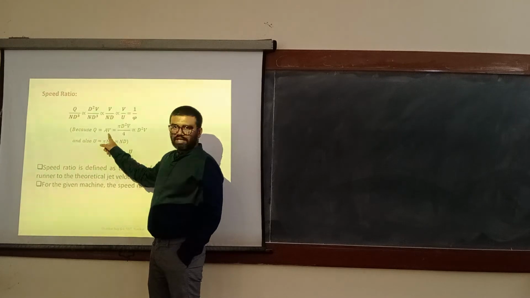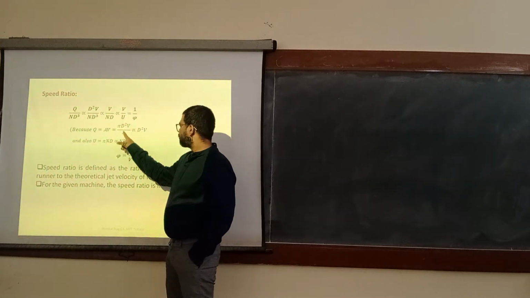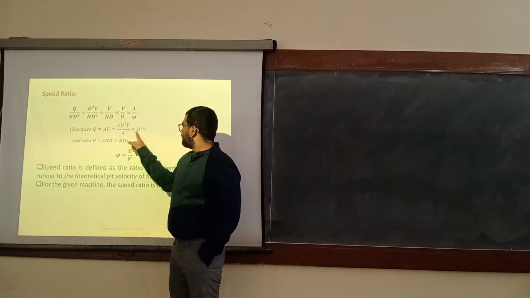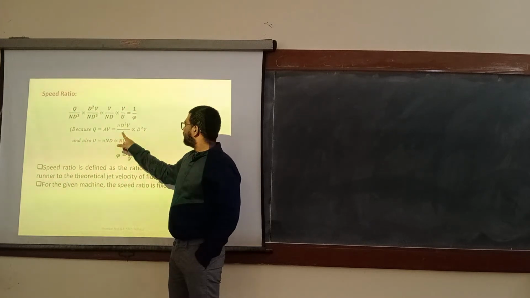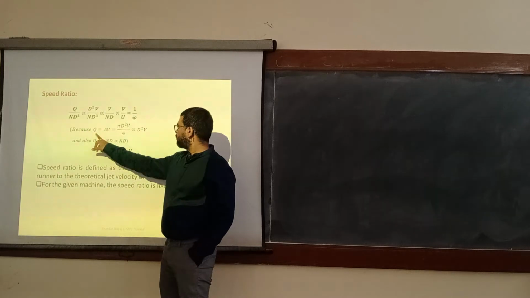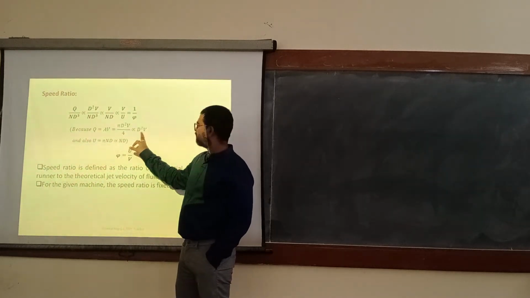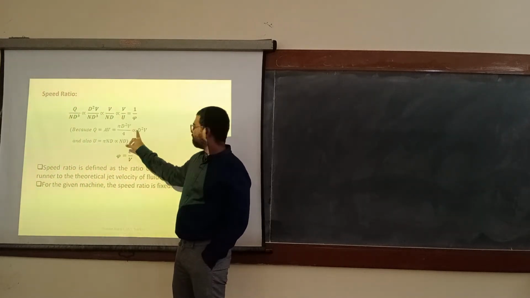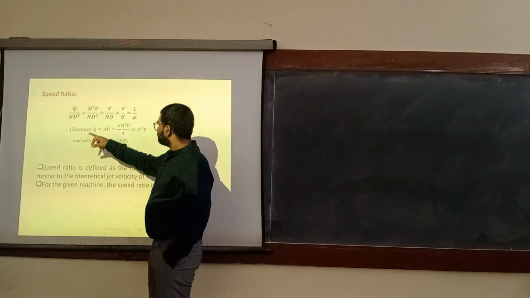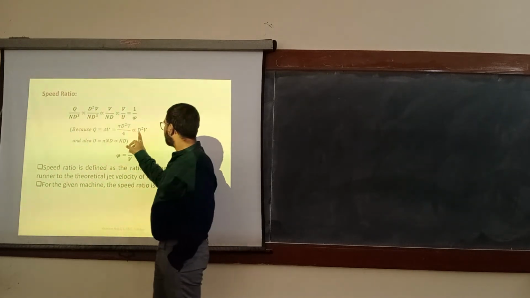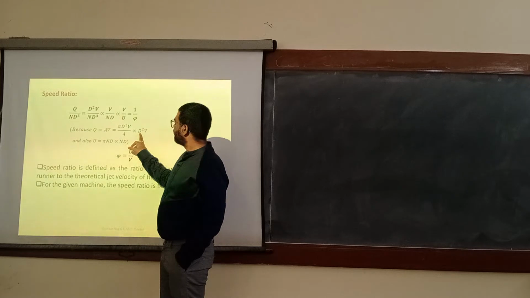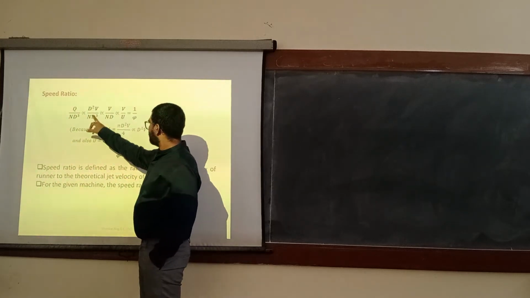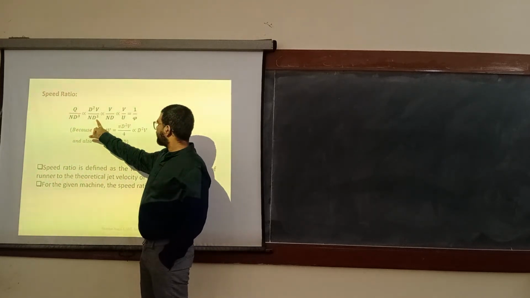The cross-sectional area of the pipe is pi D squared by 4. Since pi and 4 are constants, Q is directly proportional to D squared V. So instead of Q, you can write D squared V.